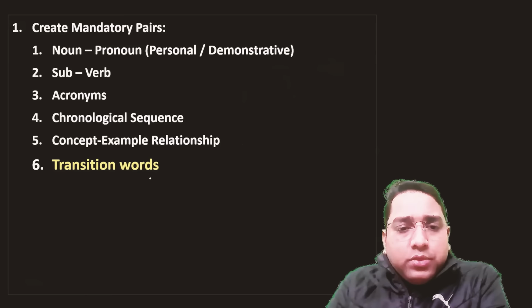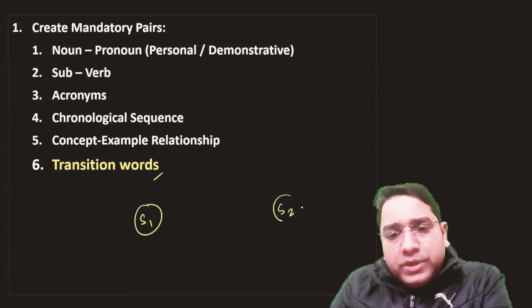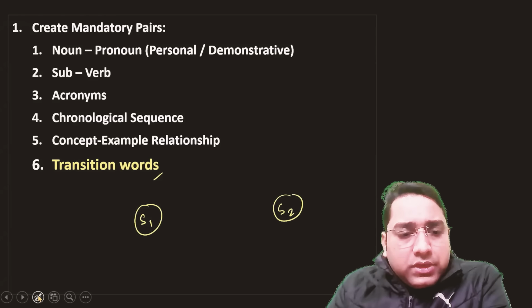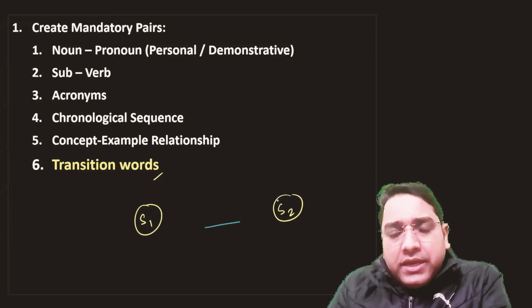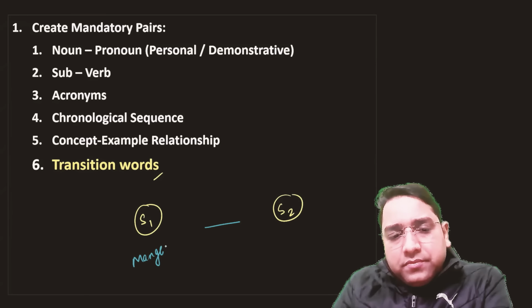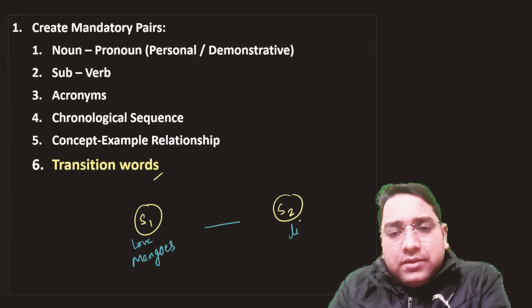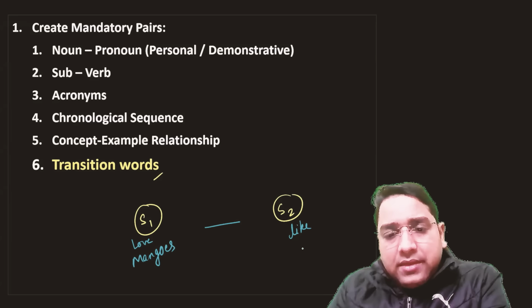But what we are trying to convey here is, let's say sentence 1 is given and sentence 2 is given, correct? So there must be one word which will connect both the sentences. For example, I love mangoes, but I don't like apples.